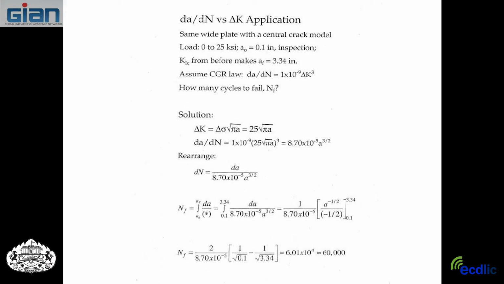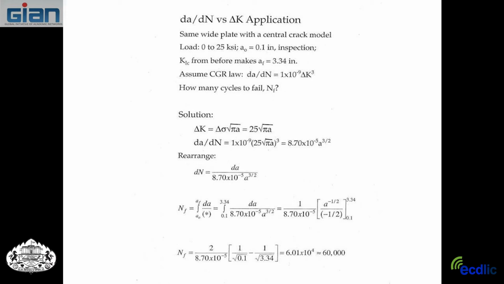Now the final crack size, K1C in my plate, I picked from this calculation that we just did here. So I didn't want to do it over again. So we picked that, 3.34, and the crack growth rate law, I just picked out of the air. Now how many cycles to fail does that predict? So delta K is delta sigma square root of pi a.